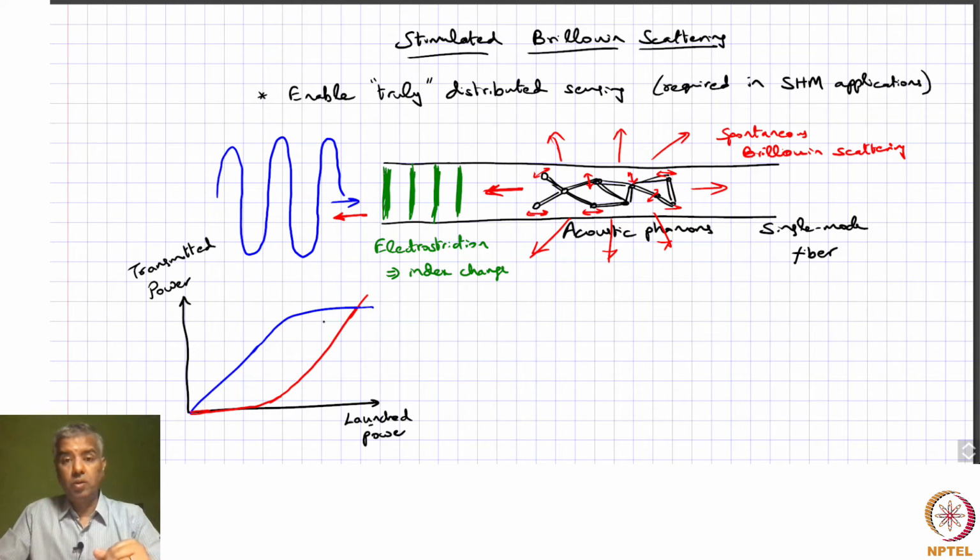So stimulated Brillouin scattering is really a big roadblock as far as communication over long distances is concerned.